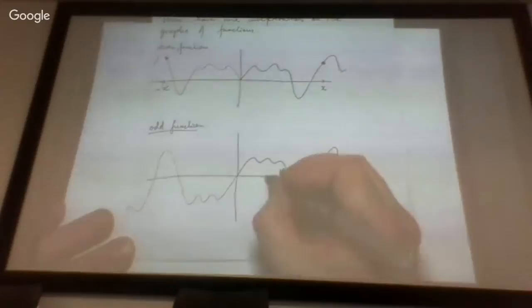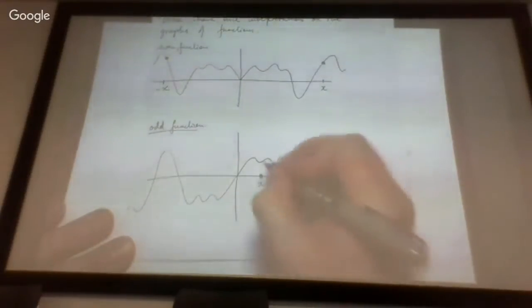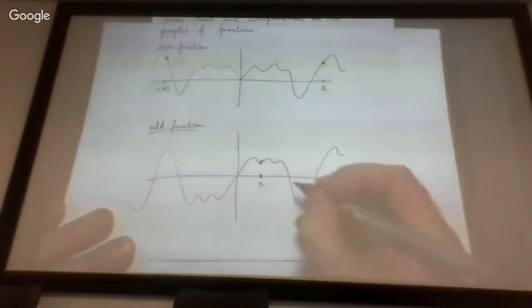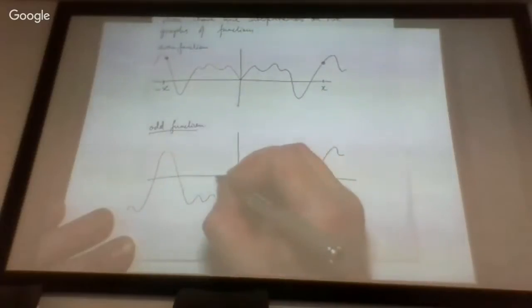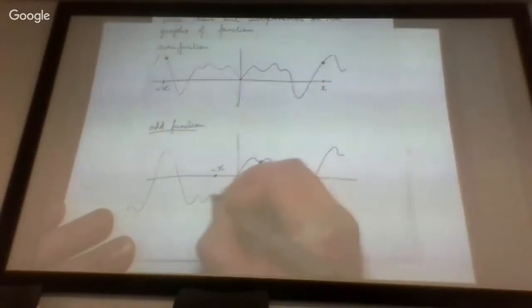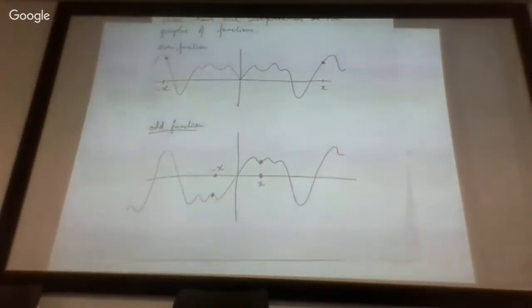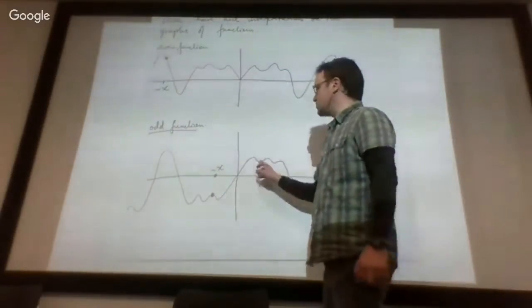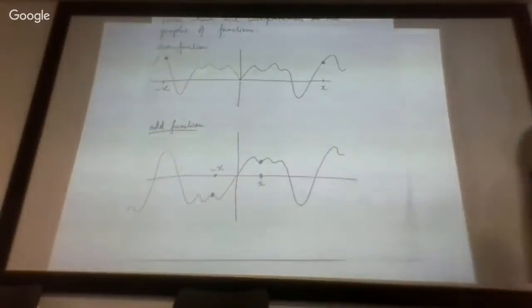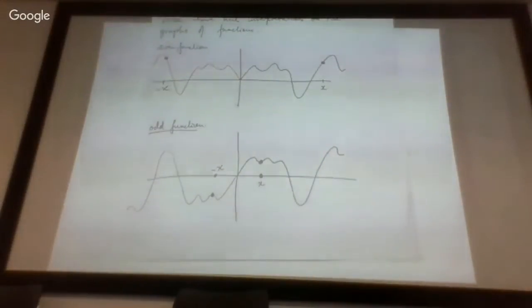So here, take a typical value x here. It has a certain value. When you take the value on negative x, which would be here, the value of the function is the same magnitude, but opposite sign. Okay. So those are odd and even functions.